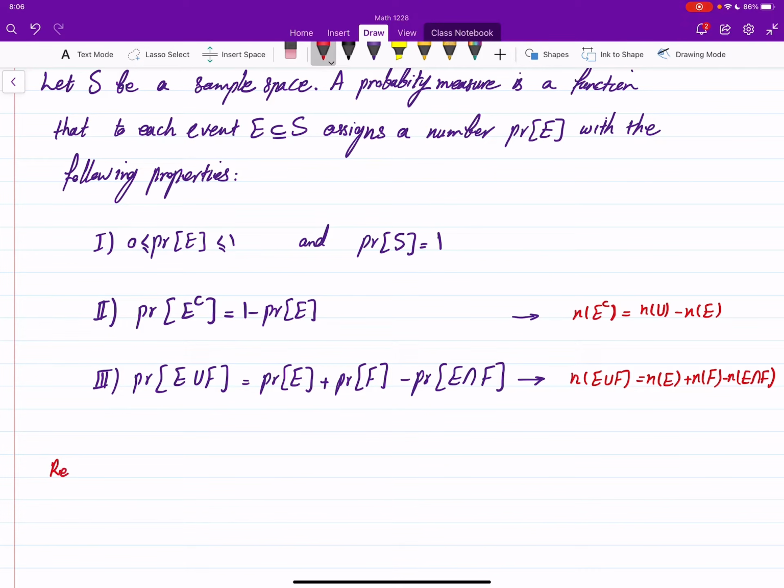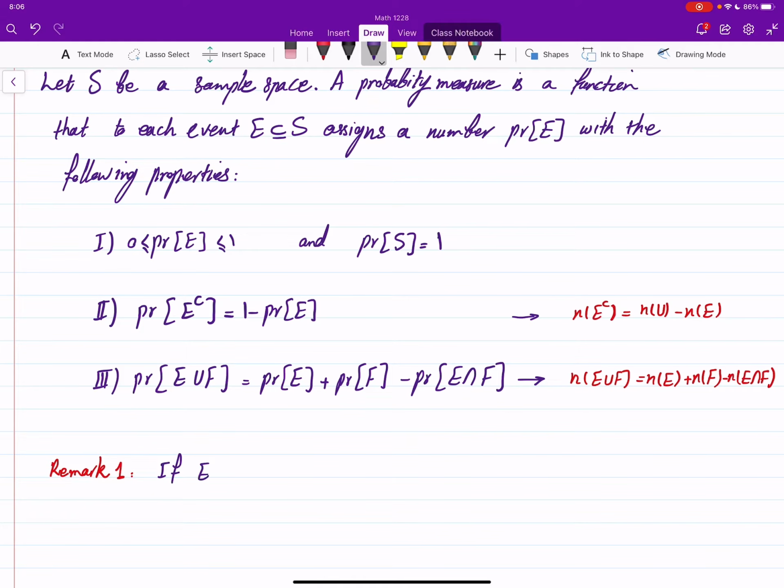So remark one is that in property 1, the probability of S is 1, and if I combine it with property 2, I can find the probability of the empty set.